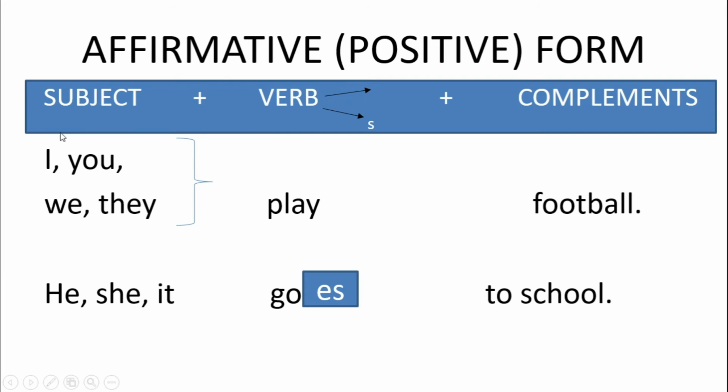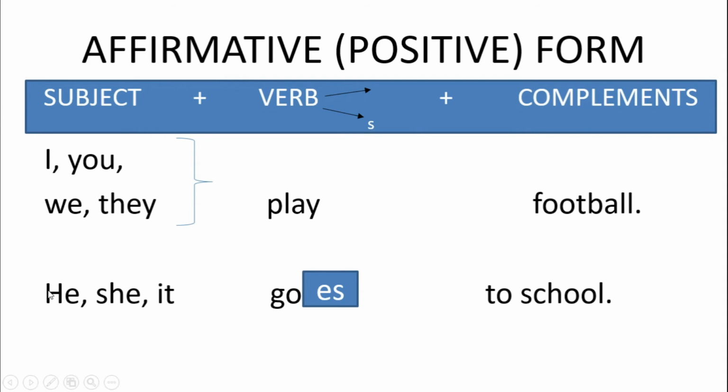These personal pronouns have the function of the subject. Then we take verb play, for instance, and complements football. In this particular sentence, football performs the function of direct object.